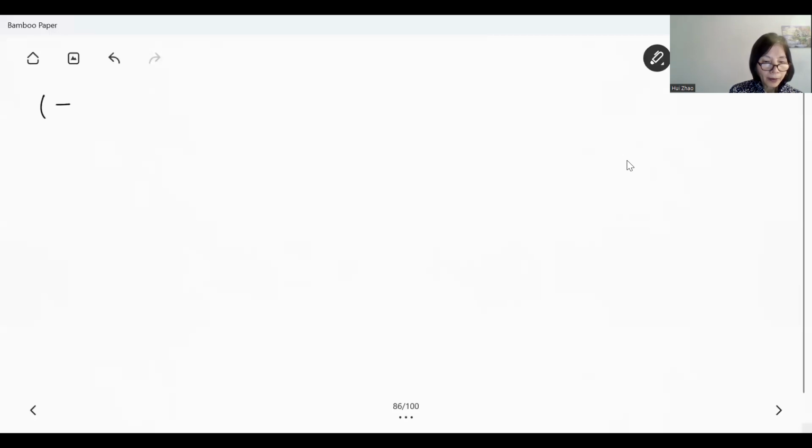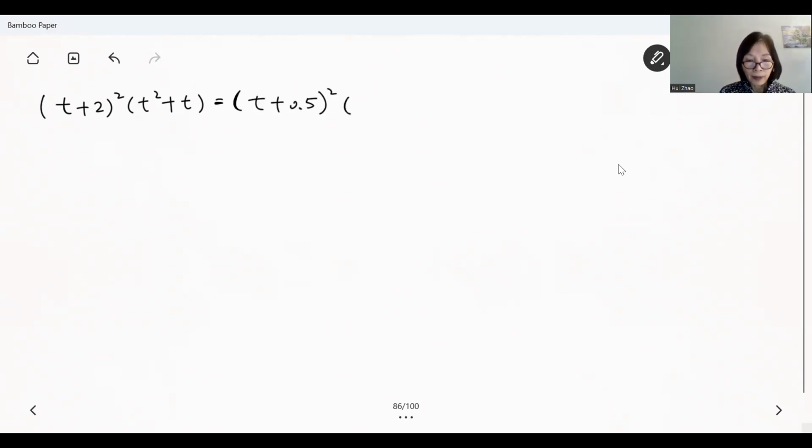Square both sides, so (t plus 2) squared times (t squared plus t) equals (t plus 0.5) squared times (t squared plus 2t), right? And then expand it and simplify.